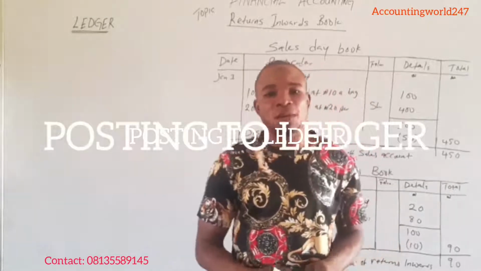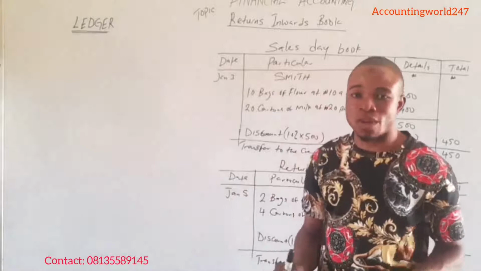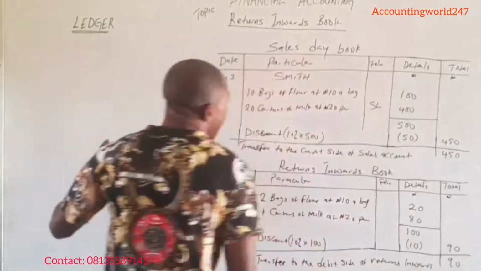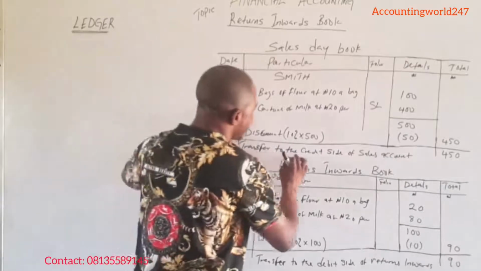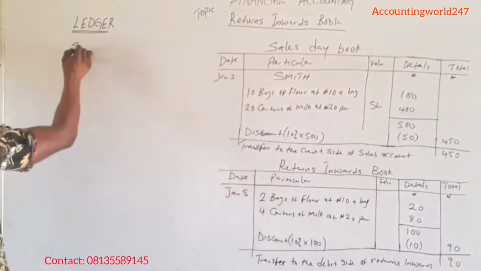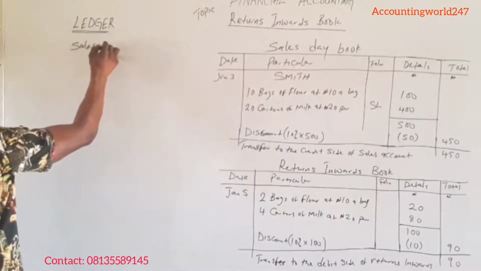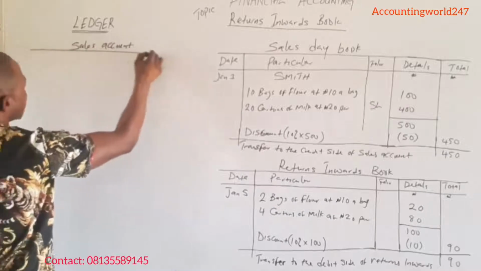Now, the second part now is to prepare the ledger accounts one after the other. Now, from the first journal, we said transfer to the credit side of the sales account. So it means that we are going to have the sales account to get the first journal. The sales account.